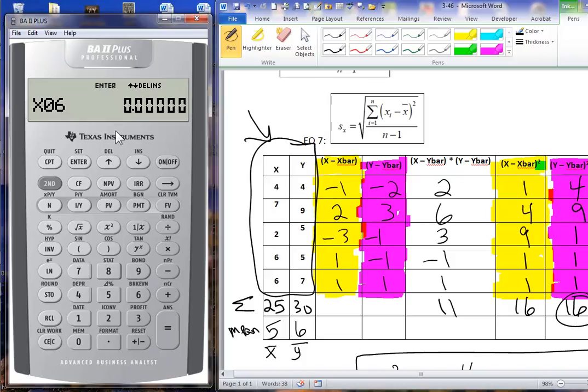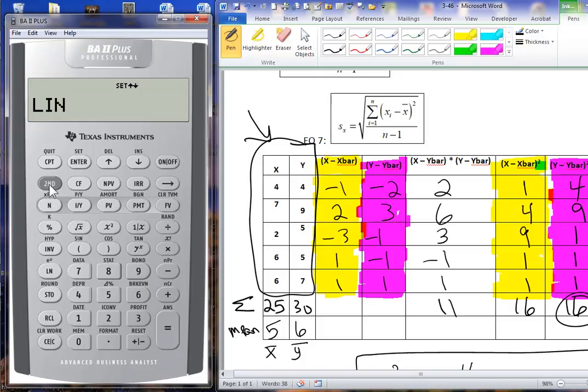I don't have any, so at this point I'm done entering data, and I go to second function and I click on 8, which above it says stat, so I'm using the statistics function. The very first mode that pops up is LIN, which means linear regression, and that's the one that I want to use.